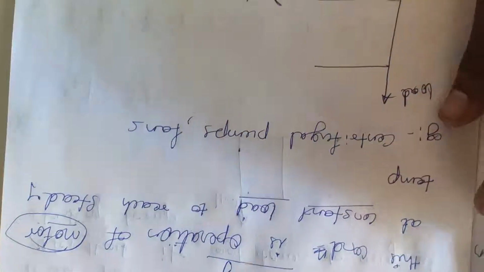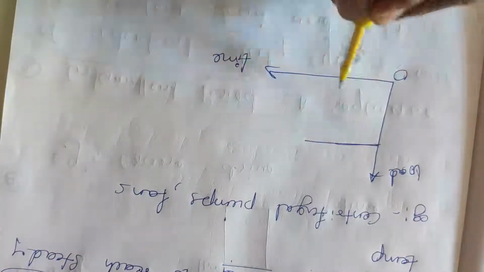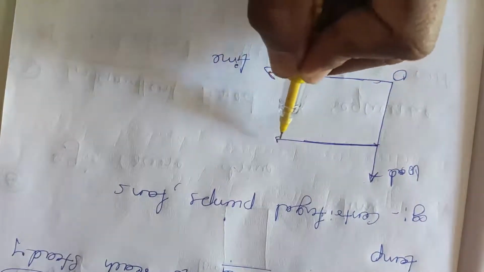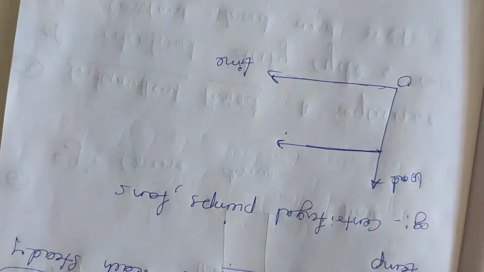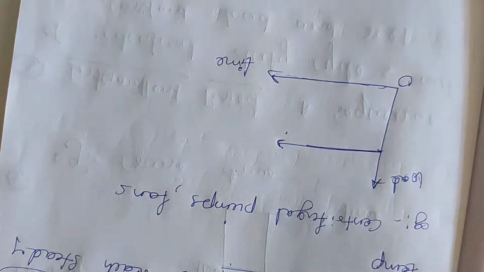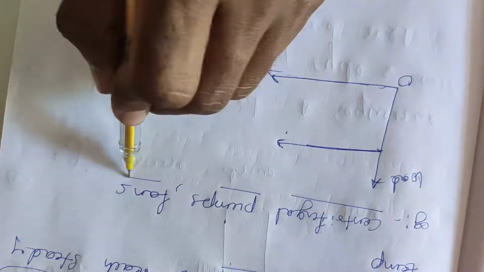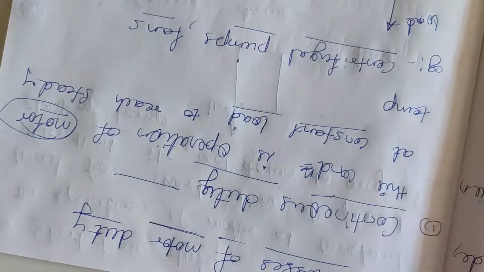See the diagram: irrespective of the time, your load remains the same. This is called constant continuous motor duty. Examples are centrifugal pumps and fans.